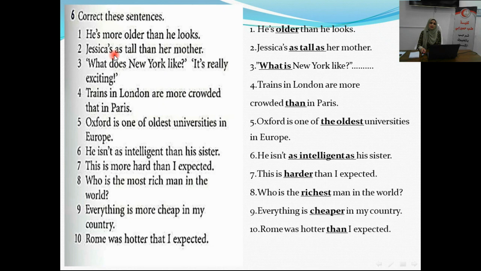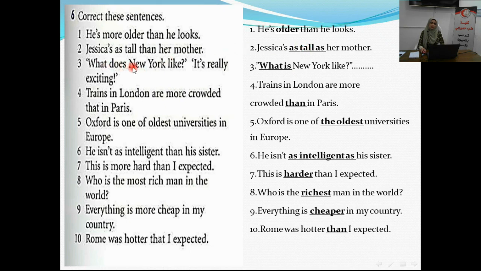Number two: Jessica's as tall than her mother. The sentence would be Jessica's as tall as her mother. Since as is followed by an adjective and then a second as, we don't need than here. We are going to omit than and say Jessica's as tall as her mother.